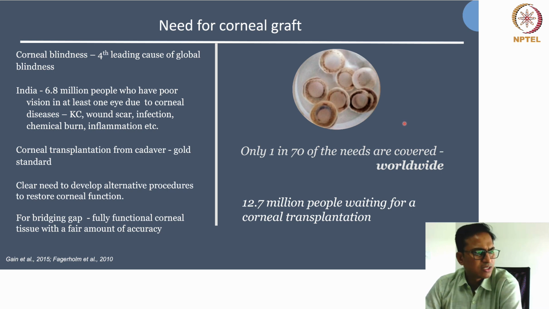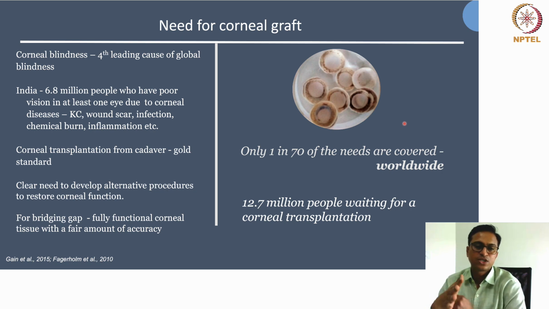The treatment for many of these diseases is transplantation. If it is transplanted, then it has to be taken from somebody, from a corneal donor. That is the gold standard till now, because there is no alternative treatment available to restore corneal function by any other means. So there is a clear need for development of a solution for this problem.